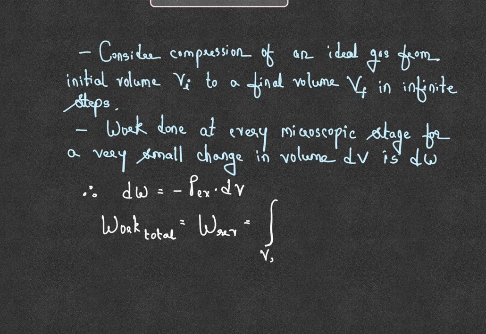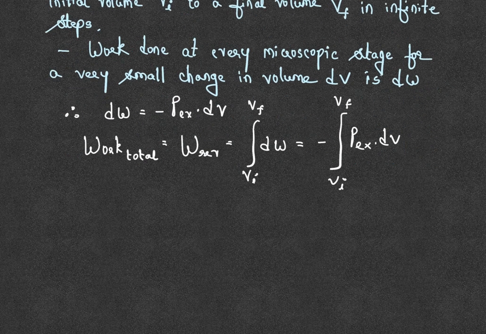The integration from volume VI to VF adds up all dWs, and this should be equal to minus the integral from VI to VF of P external into dV. All okay? Clear?